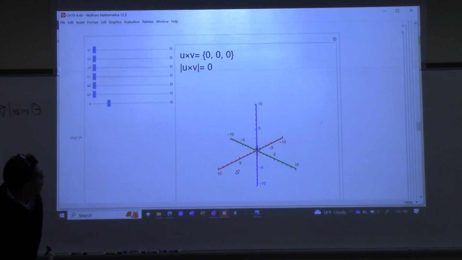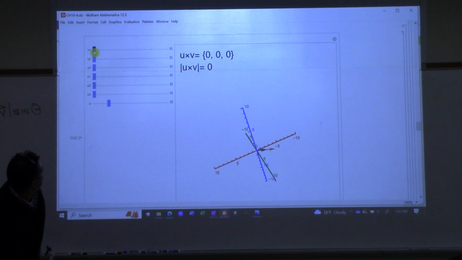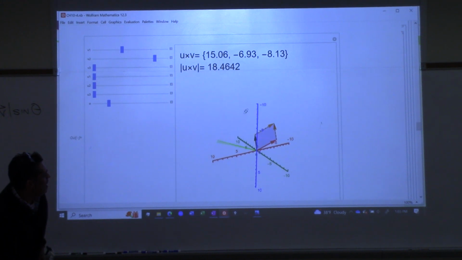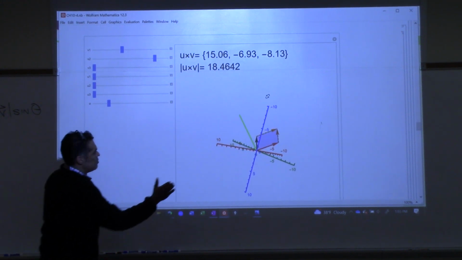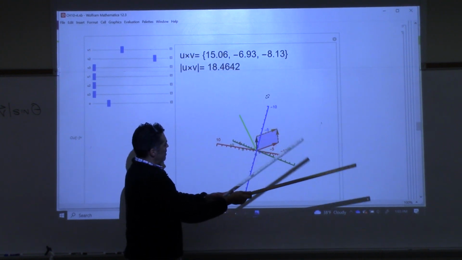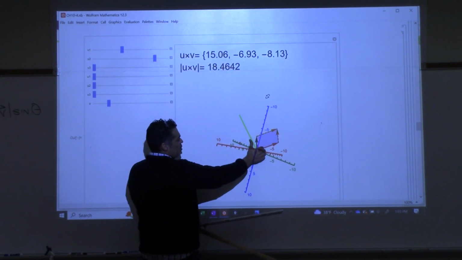So visually it looks like this. What I'm doing here is crossing the red and the black vector together. Using the right-hand rule, I cross the red and the black vector like this, and I get this green vector that comes out orthogonal to both.